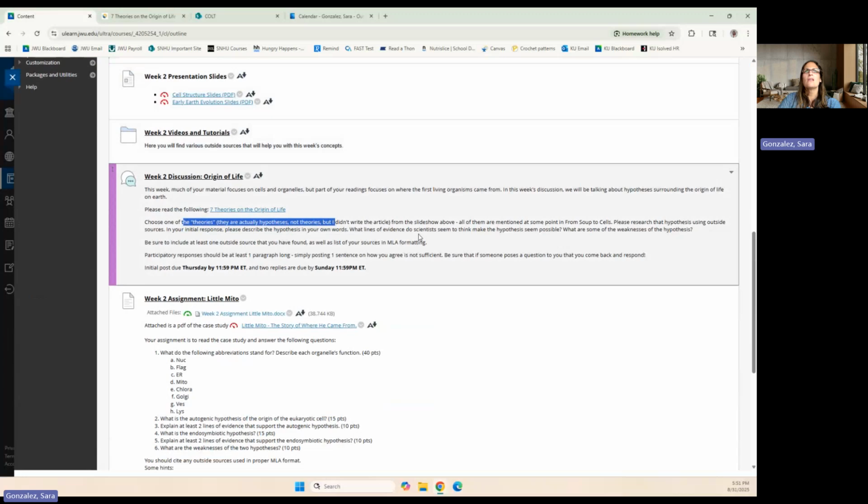But you're going to research them, or research one of them using outside resources. And you're going to describe the hypothesis in your own words. So for instance here, what lines of evidence do scientists seem to think makes a hypothesis seem plausible or possible? And what are some of the weaknesses here? Make sure you include at least one outside source in addition to this article that I'm going to share here.